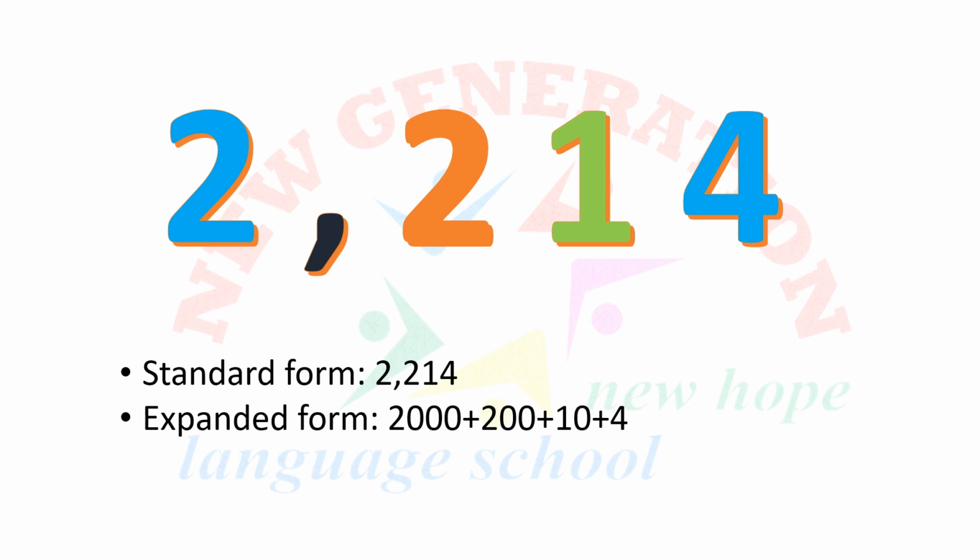It helps me to show the value of each digit. You notice that the blue 2 is 2000, and the orange 2 is 200. The 1 is 10. The 4 equals 4.